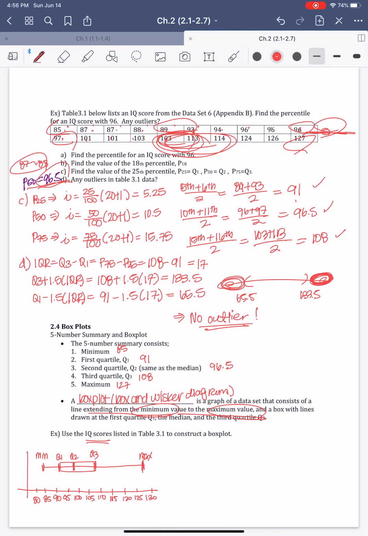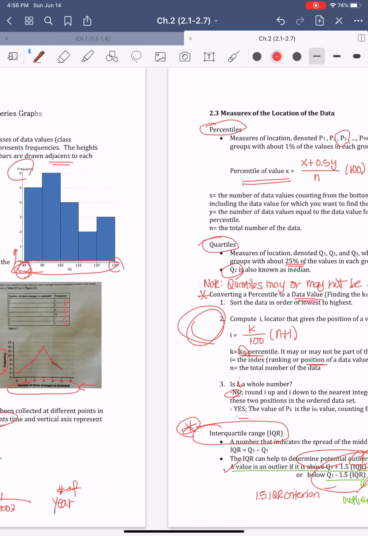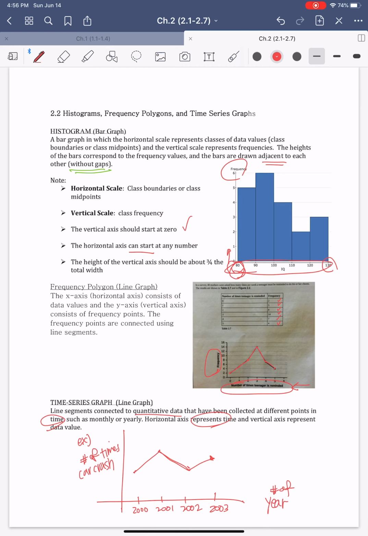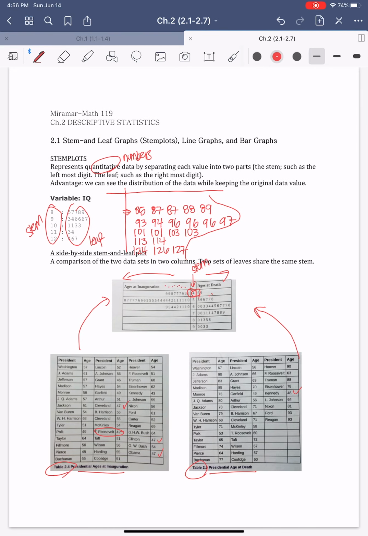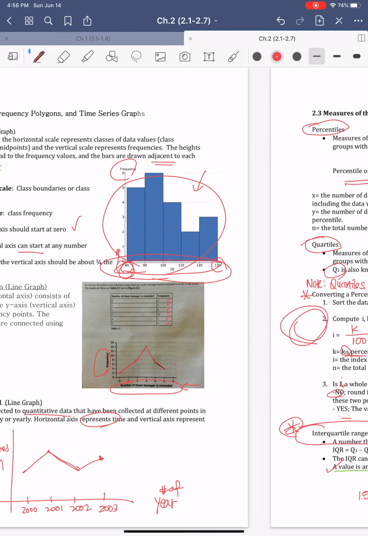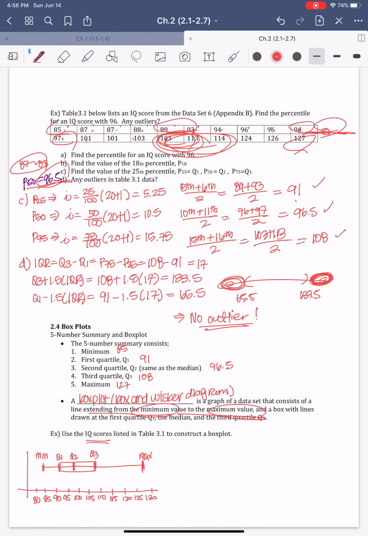Now, what's nice about looking at this graph? We saw the different graphs. The same IQ data with the bar graph tells you the frequency, how many counts, also the stem plot. Now what does the box plot tell you? Well, box plot tells you how the data are spread out.